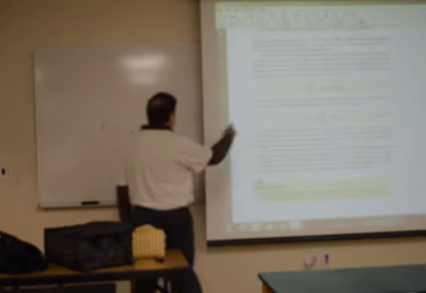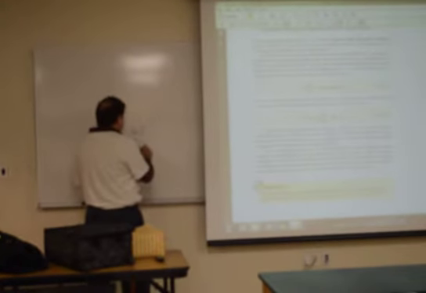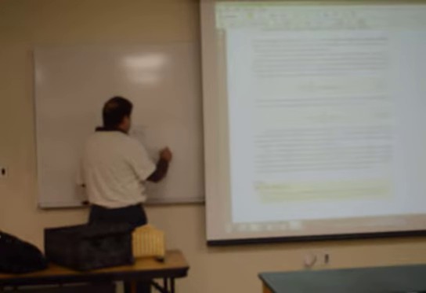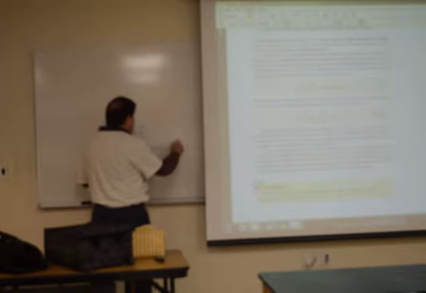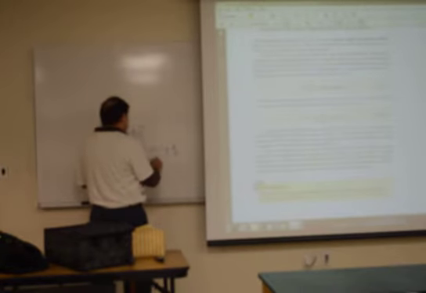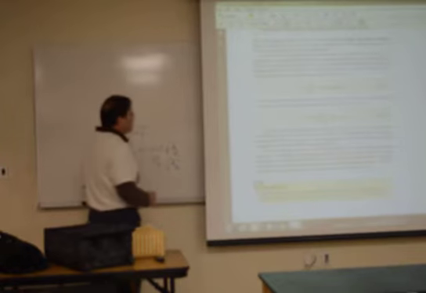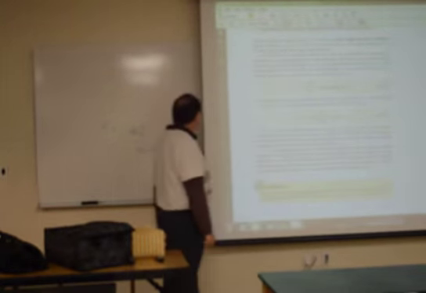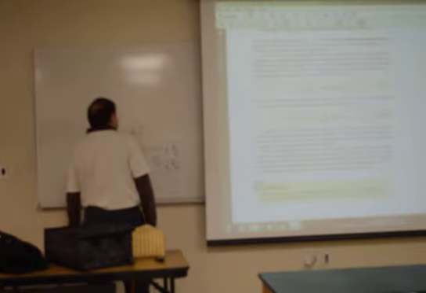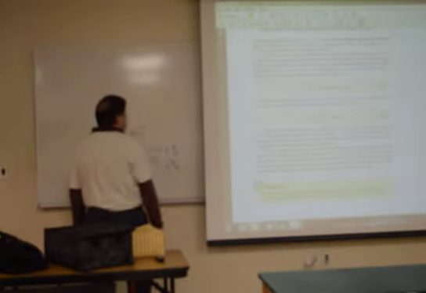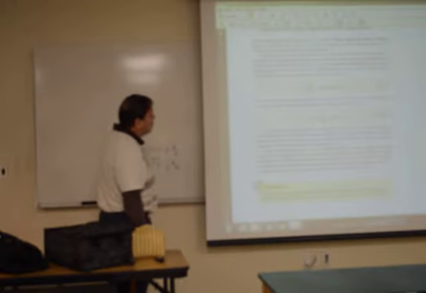Now, we can get the period from that because we know that omega is 2 pi times the frequency, which is the square root of k over m, and this is 2 pi over the period equals the square root of k over m, so you can see that I can solve for the period. It turns out to be 2 pi over omega.